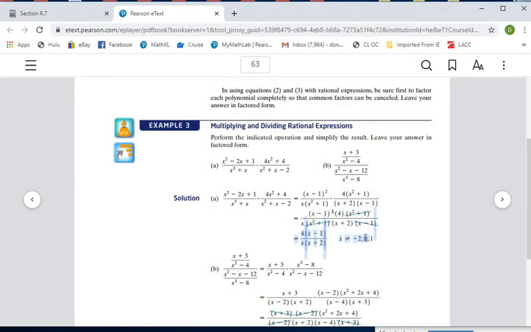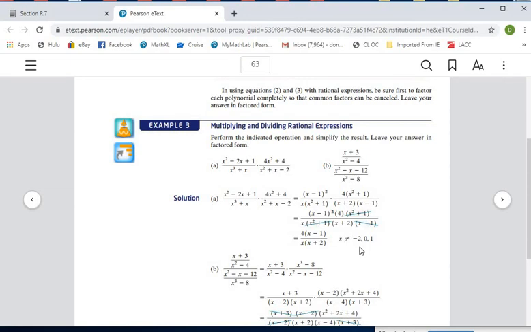By the way, this is something that some of you might not be used to. This last thing they put without really even being instructed to put it here. At this level of algebra, there's algebra 1, there's algebra 2, and then there's college algebra. At this level, pretty much all college algebra books start doing this kind of thing: expressing the domain, even when they're not asked to express the domain.